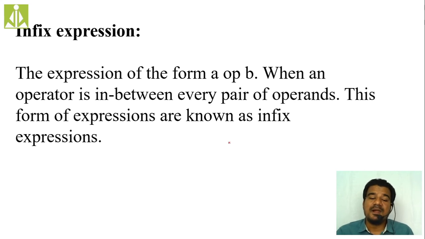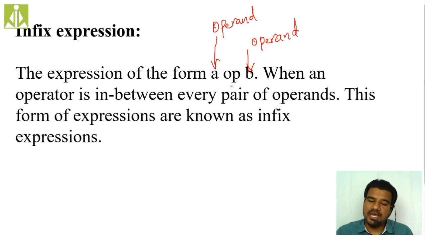The expression of the form A operator B. So what is A over here? This is an operand, the operand on which we are performing the operation. And what is B over here? This is also an operand. And what is this OP over here?